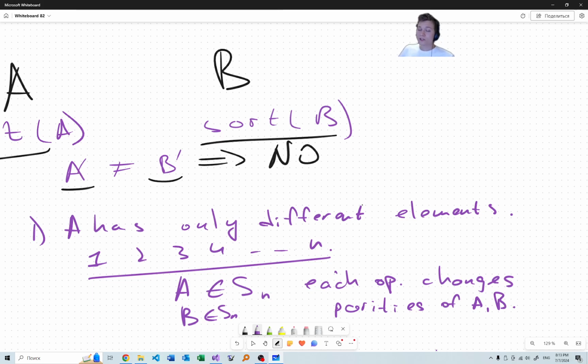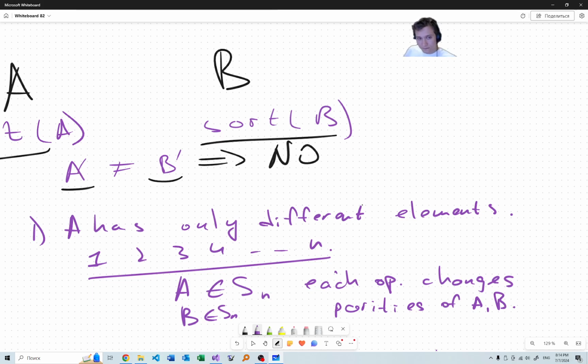If you don't know what the parity of a permutation is, you should Google it, because it is a very important concept from group theory and from competitive programming. Each operation changes it because it's just one transposition.